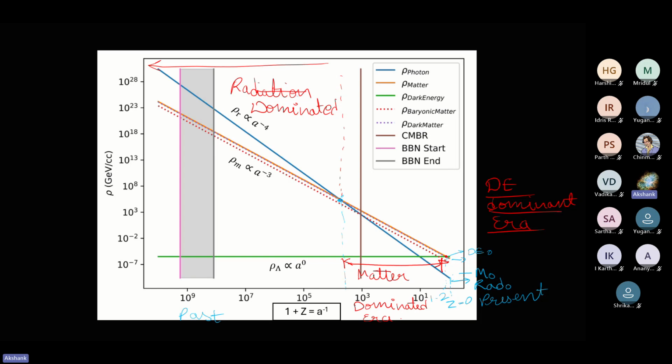Then at some point, matter became the dominant force and radiation started to free flow through the universe. And today, dark energy is the dominant force, which is causing the universe expansion to accelerate. So during radiation domination and matter domination, A double dot was negative, or less than zero. Only in the dark energy dominated era, A double dot is positive.